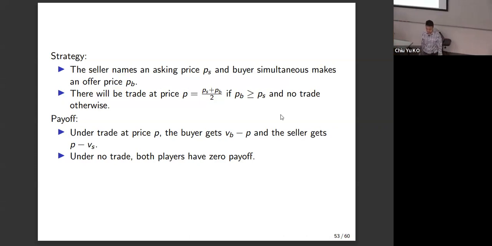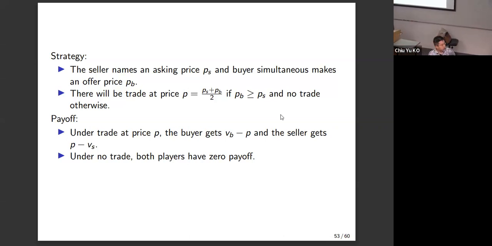And there will be a trade if this buyer is willing to pay more than the seller wants to sell, and the price we assume to be in the middle. You can imagine there is a bargaining, which I should have time to talk about tomorrow, where they talk about how to split it, and it's natural to talk about the middle.